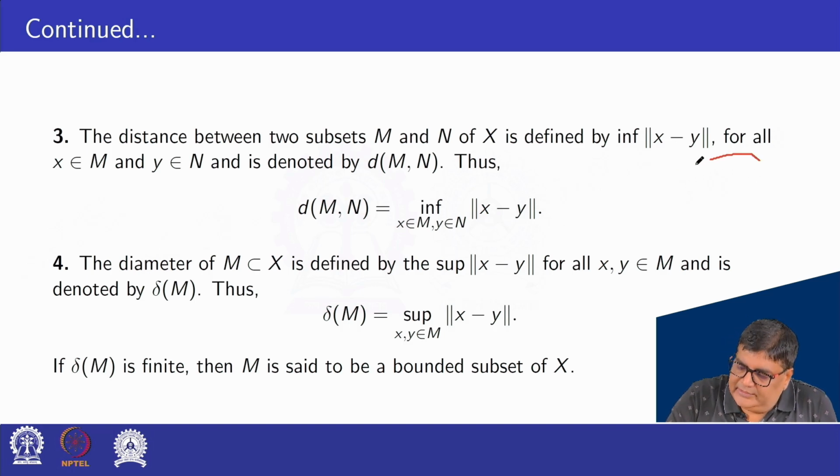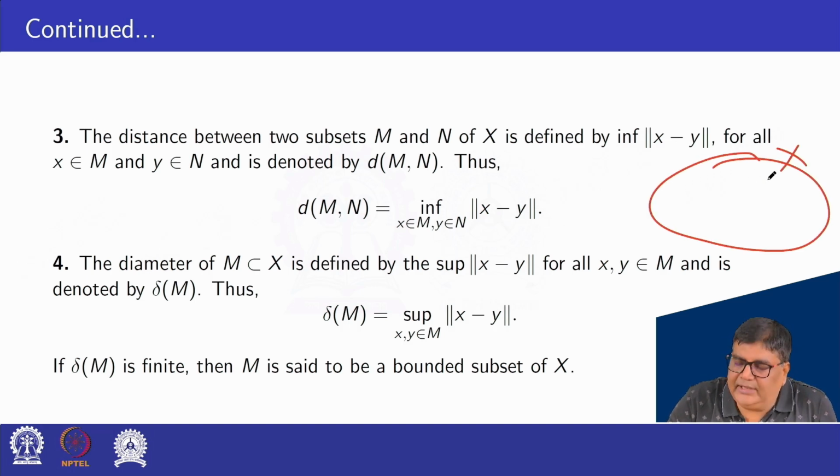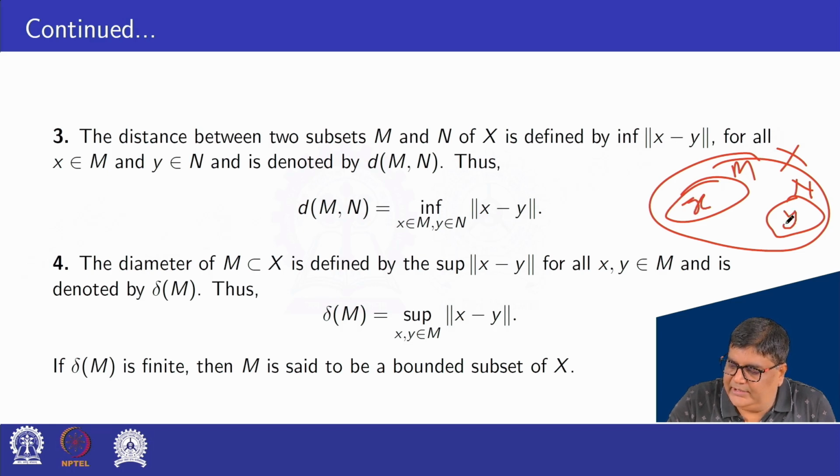That is, suppose here X is the set and M and N are two subsets, x is an element of M and y is an element of N. Then the distance between the two subsets M and N is defined by this.